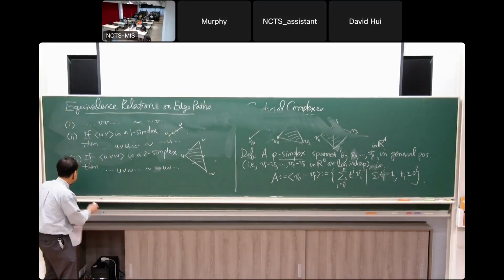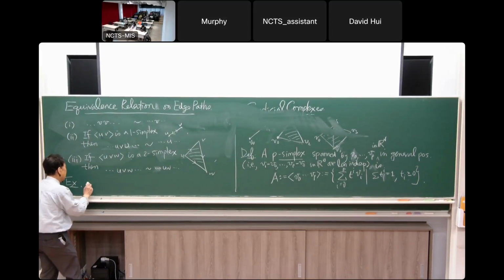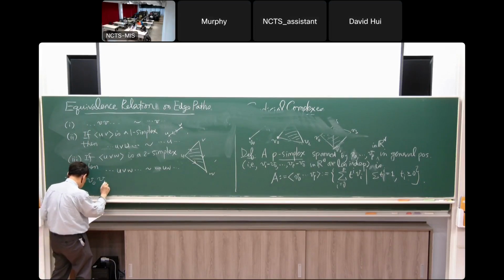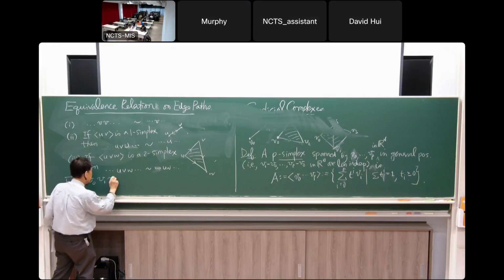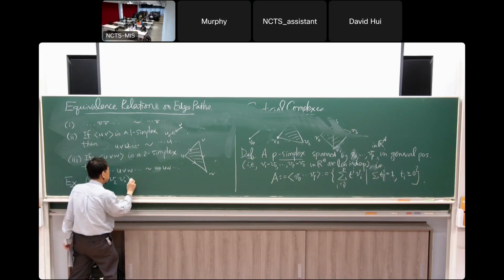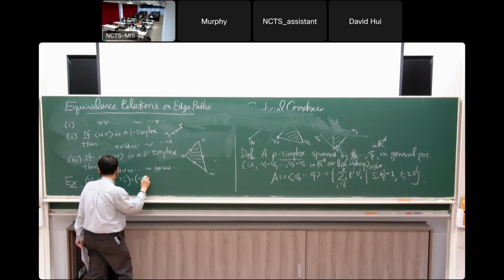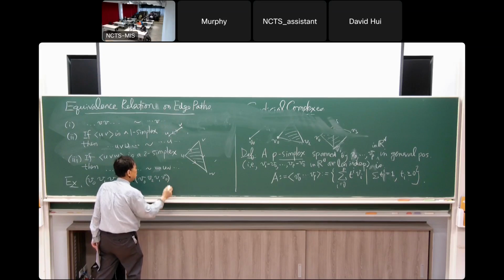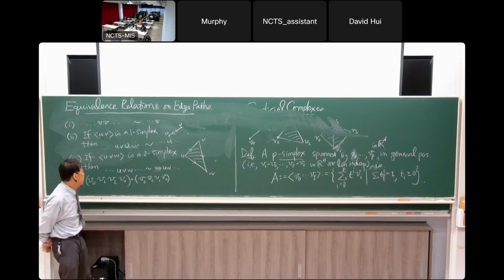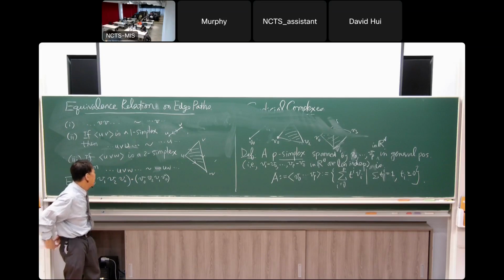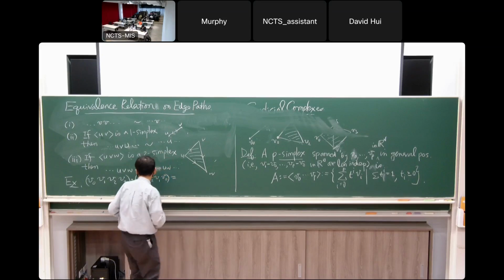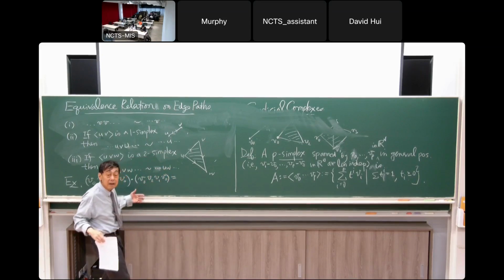So let's see. So here's an example. Let's say you have V0, V1, V2, V0. Okay, and you multiply it by V0, V2, V1, V0. Okay? So you have concatenation. So that means you write down everything. Okay?